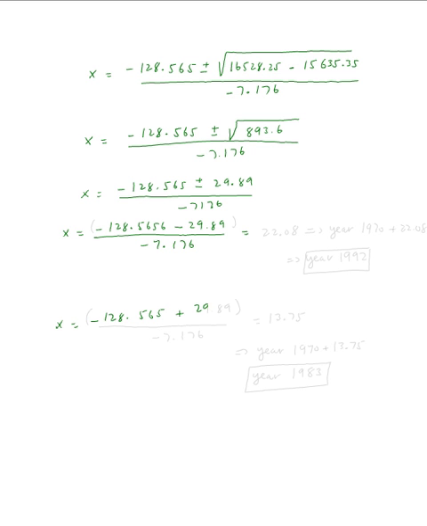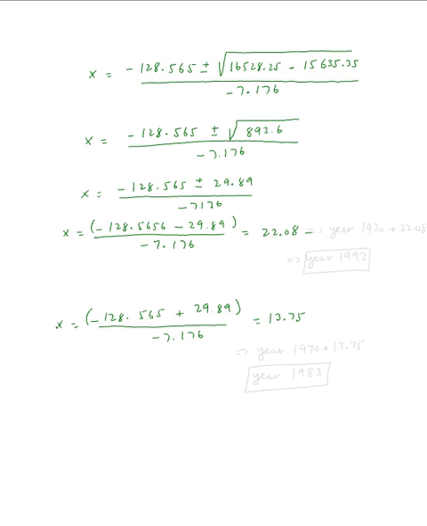Plus 29.89 divided by negative 7.17. If you're using a calculator, make sure you use parentheses here. So if you do that, the minus one is going to give you 22.08.